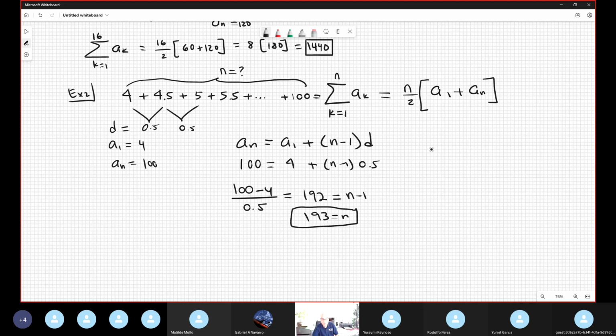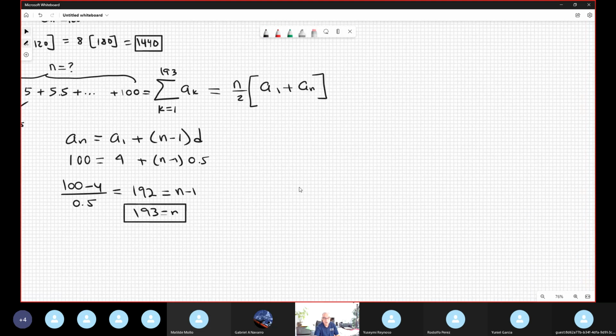So this summation contains 193 elements, from 1 to 193. And we come back to the formula for the summation: 193 divided by 2, bracket, multiplication, and a1 is 4, you remember that, no?